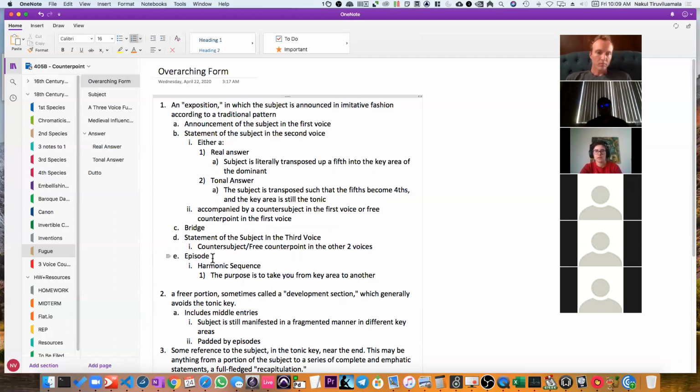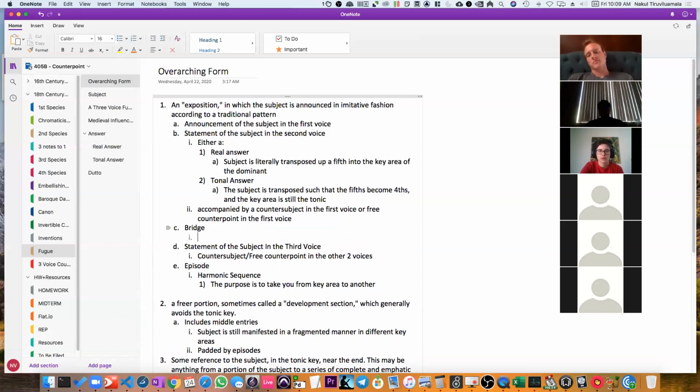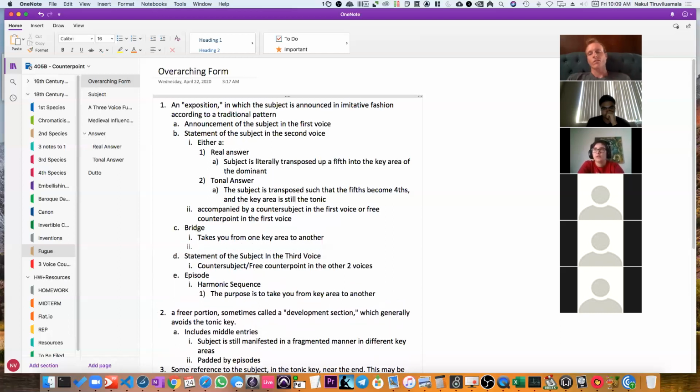Same thing here. The bridge may or may not be a harmonic sequence. So I guess I should say this: the bridge takes you from one key area to another, specifically the 5 to the 1.